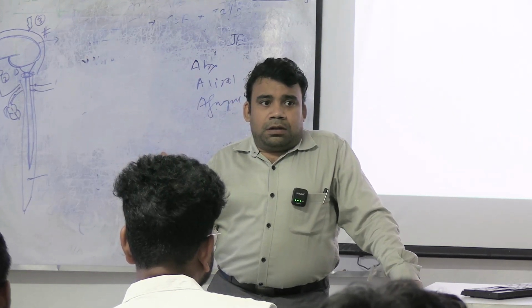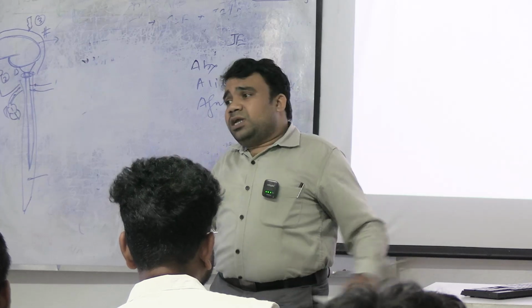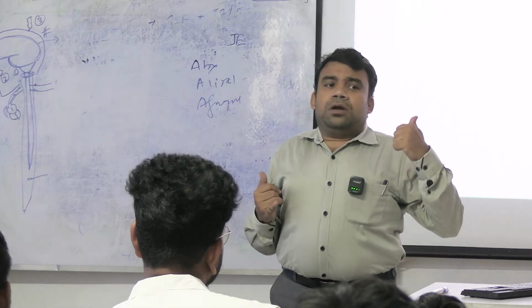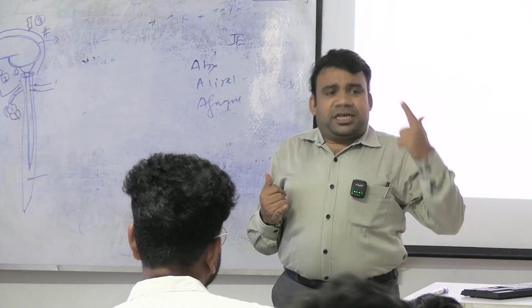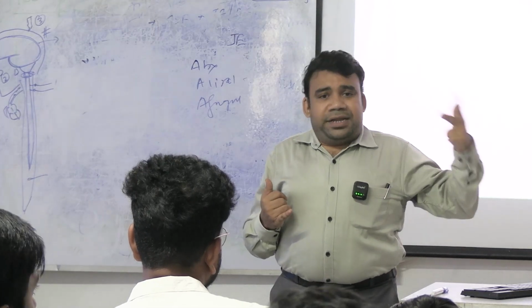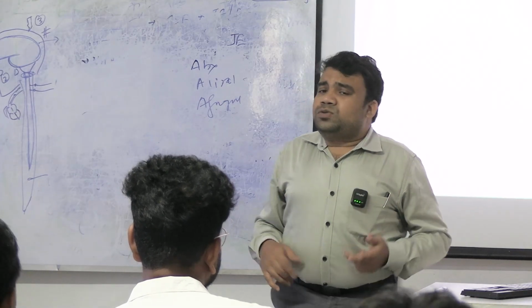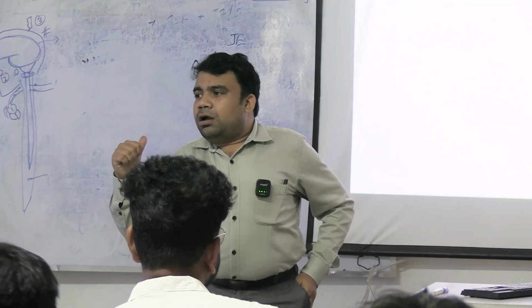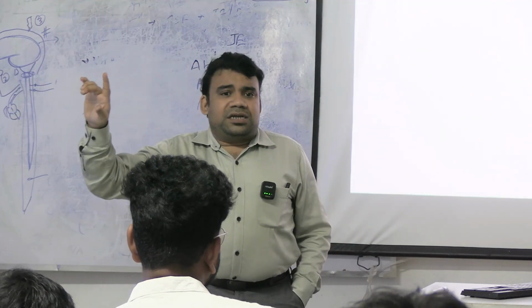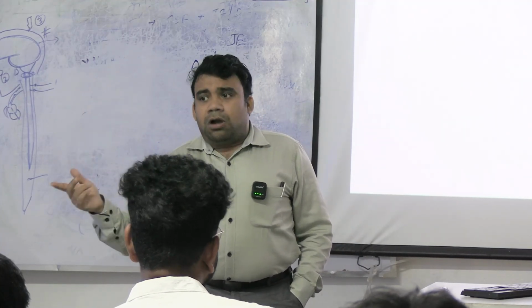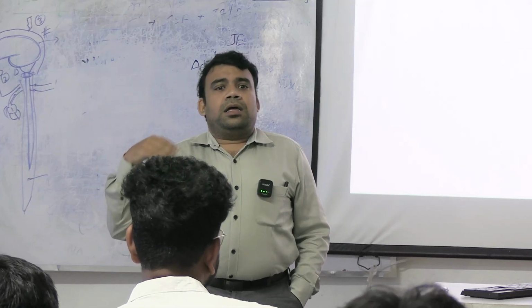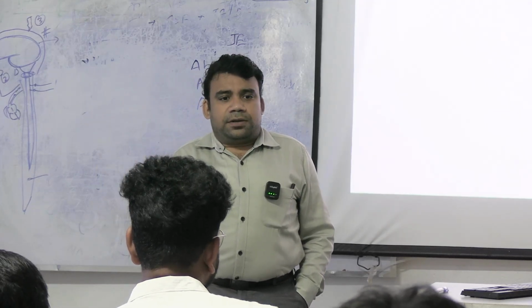Next, microscopy. In microscopy, we have to do gram stain, acid fast stain, and India ink for fungal. Next, we can go for antigen detection or antibody detection. Next, we can go for culture.